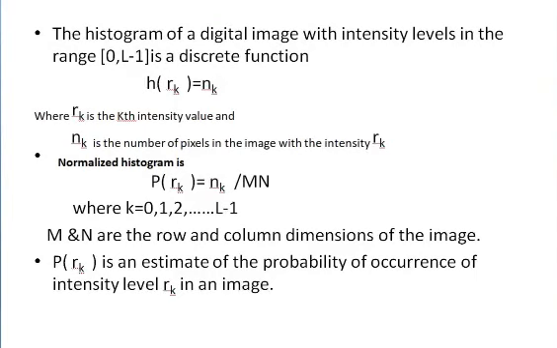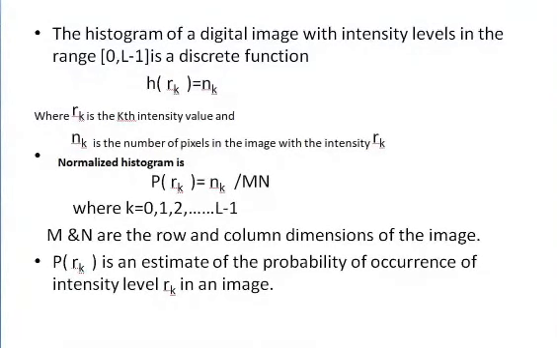That's why we should normalize these y-axis values. To do this, we use the normalized histogram, by using the formula P of rk is equal to nk by Mn. We are normalizing the values. The maximum value is Mn, so divide each value by the Mn value to get the upper value as 1.